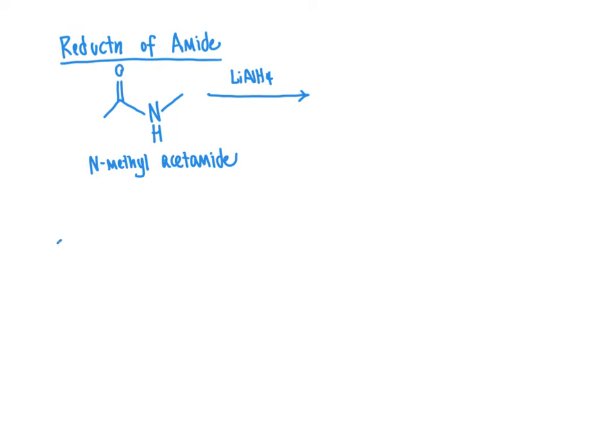So in this mechanism, first things first, when we react our amide with lithium aluminum hydride, the first thing that's going to happen is that the hydride attacks the carbonyl. So far, looking identical to the reduction of an ester in that we have our AlH4-.